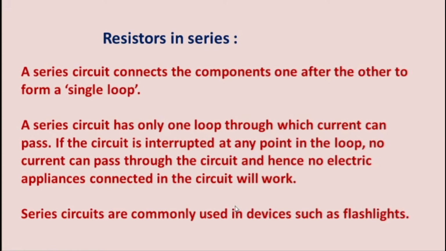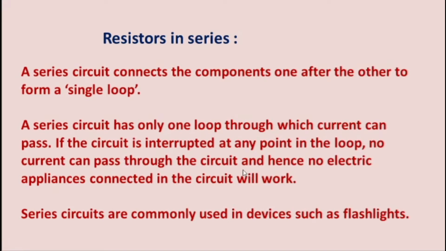First we see resistors in series. A series circuit connects the components one after the other to form a single loop. So one resistor is connected with another, in a single loop. Single loop means a single wire. A series circuit has only one loop through which current can pass.